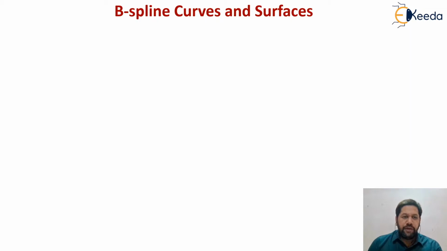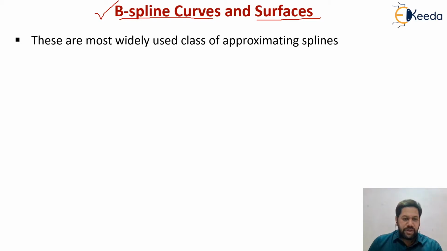So the first point that we are going to consider is B-spline curves and surfaces. These B-spline curves and surfaces are most widely used, a widely used class of approximating splines.